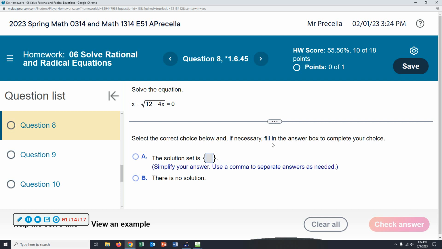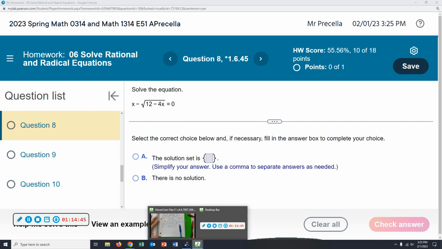But before you square both sides, what do you have to do? You have to isolate a radical. In this case, there's only one radical. This thing needs to be by itself. I think the easiest way to get this square root by itself, I notice I have that minus there. I could pick up this whole thing and move it over, and what would happen to that minus? Mm-hmm. Okay, so I think that's the cleanest way to isolate the radical.